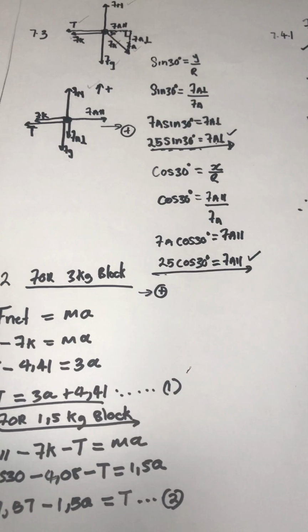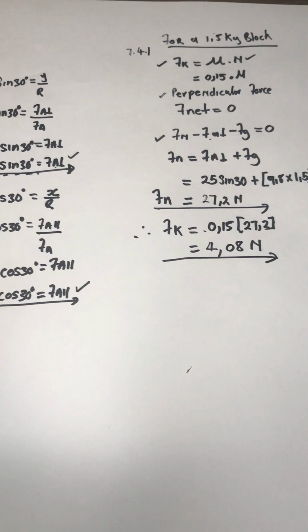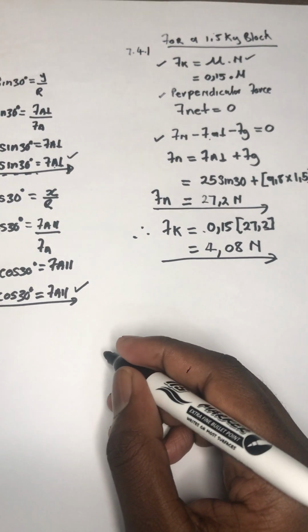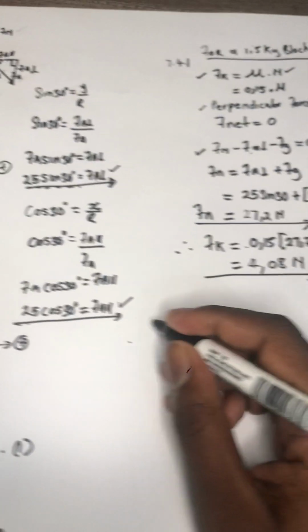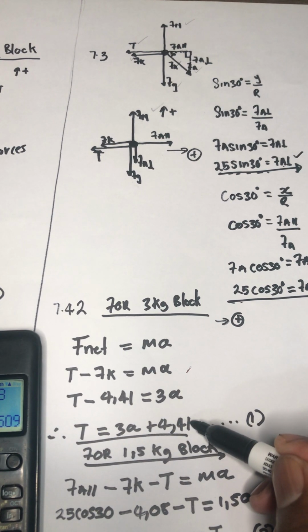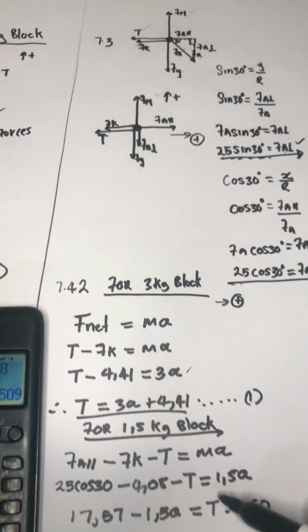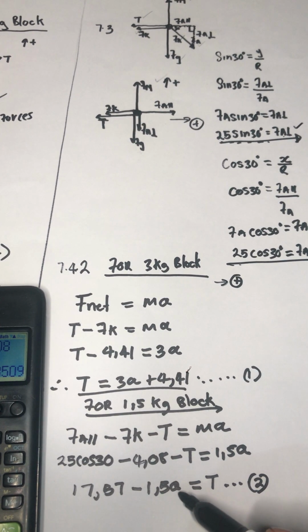Okay, last part. We have equation 1, which is equal to 3a plus 4,41, and equation 2, which is equal to 17,57 minus 1,5a.